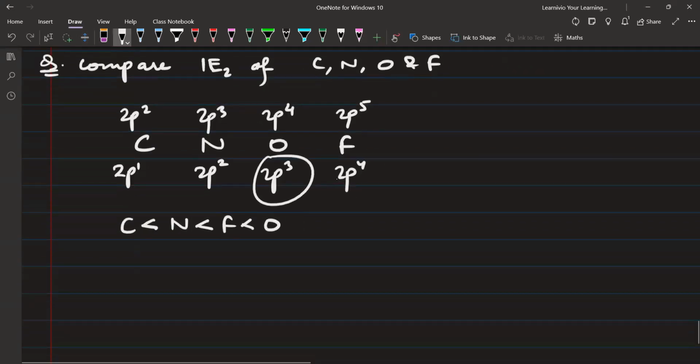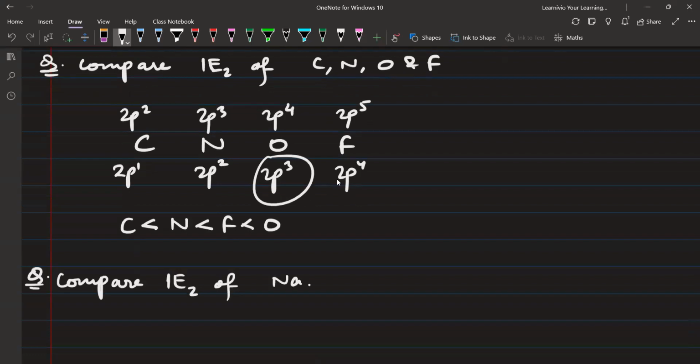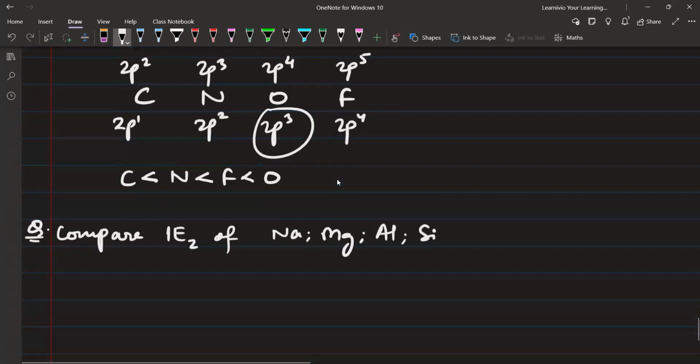If I similarly compare the second ionization enthalpy of sodium, magnesium, aluminium, and silicon, here also you have to use the same concept.